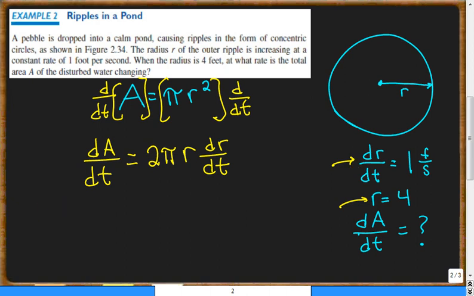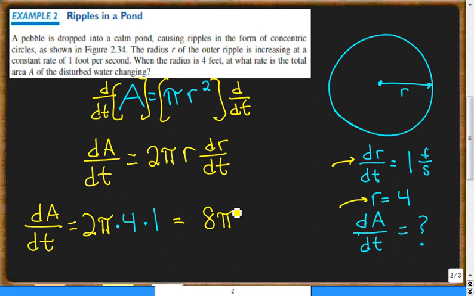So we get dA over dt is going to equal 2 pi times our radius, which said over here is 4, times our dr dt, which is 1. And that is going to equal 8 pi.